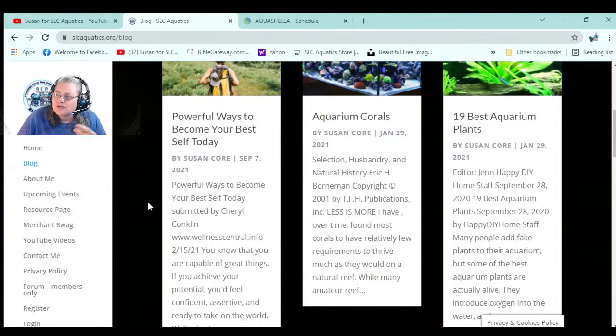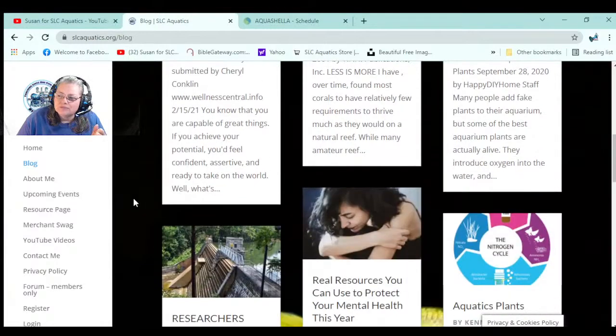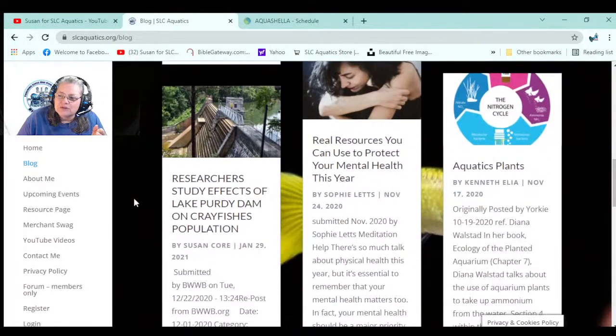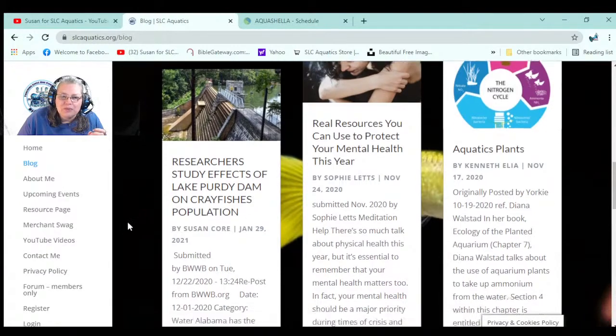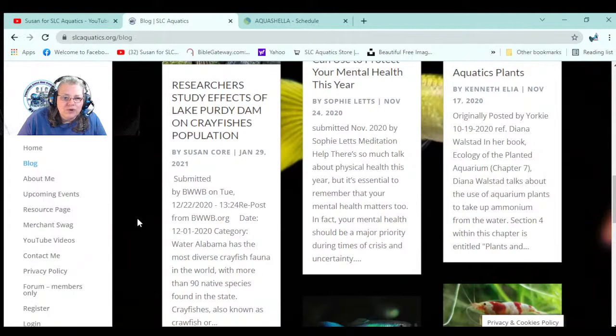So corals, I wrote this one, saltwater and freshwater, brackish water, and sometimes this article here came in my local water newsletter that we get from our water company, and it was talking about crayfish population and the importance of crayfish in our natural waterways.